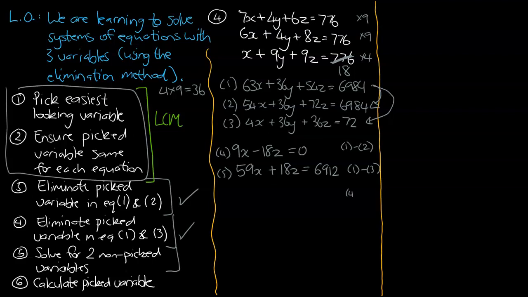And we just mentioned 4 plus 5 will mean the z's cancel each other out. So what is 9x plus 59x? That's going to be 68x. As we said, the z's, they add together, they get 0. And then finally, the two numbers, that's an easy add. That gets us to 6,912.